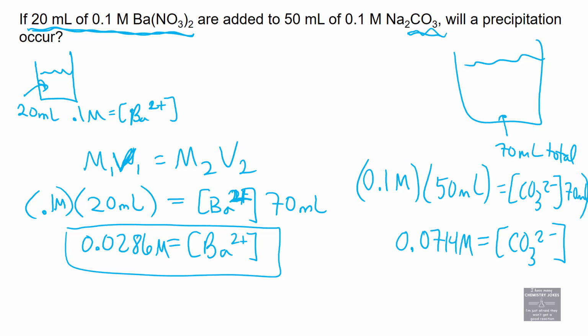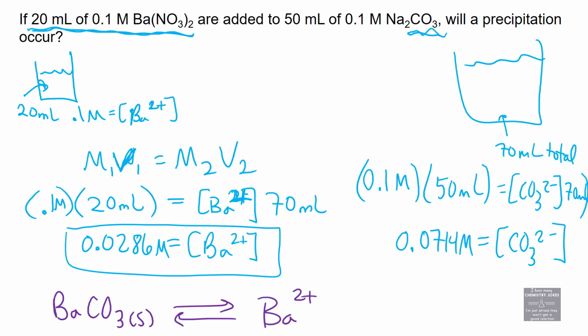Now what? The reason we're comparing these is because we've identified barium carbonate is an insoluble solid, and so we treat it as an equilibrium type thing. Aqueous ions of barium and aqueous ions of carbonate, this is a Ksp equation. And so this is what we have in mind when we're calculating our Q and our K.